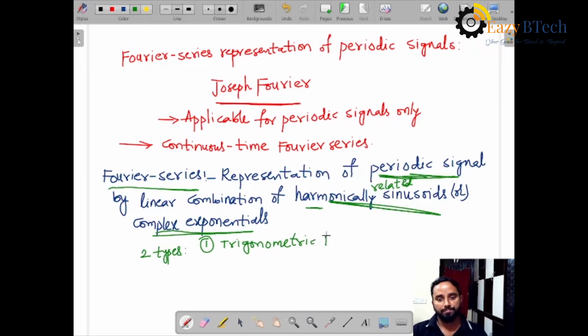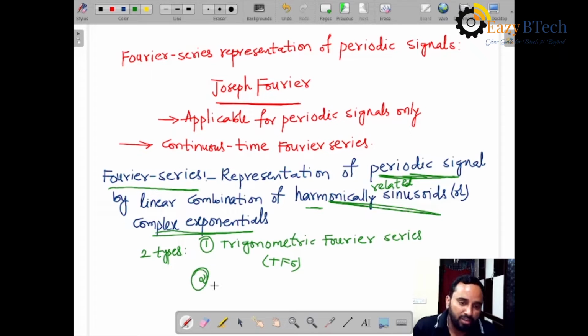And the second one is exponential or complex exponential Fourier series, in short form EFS.